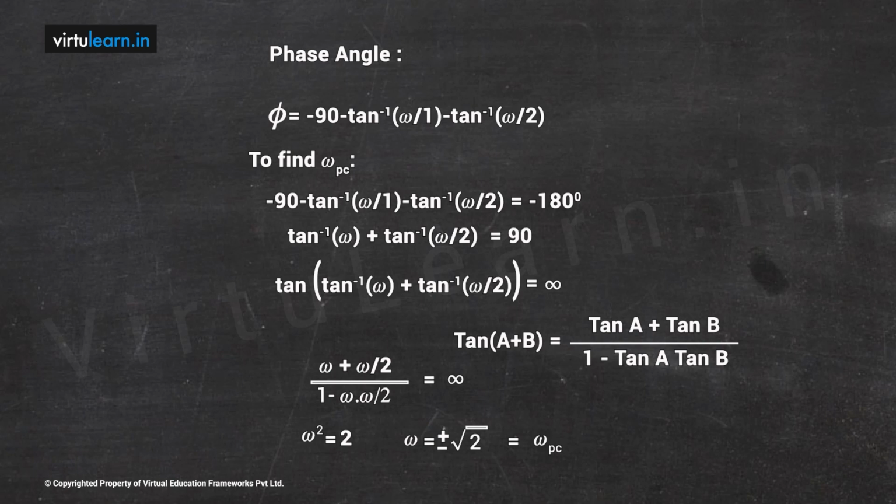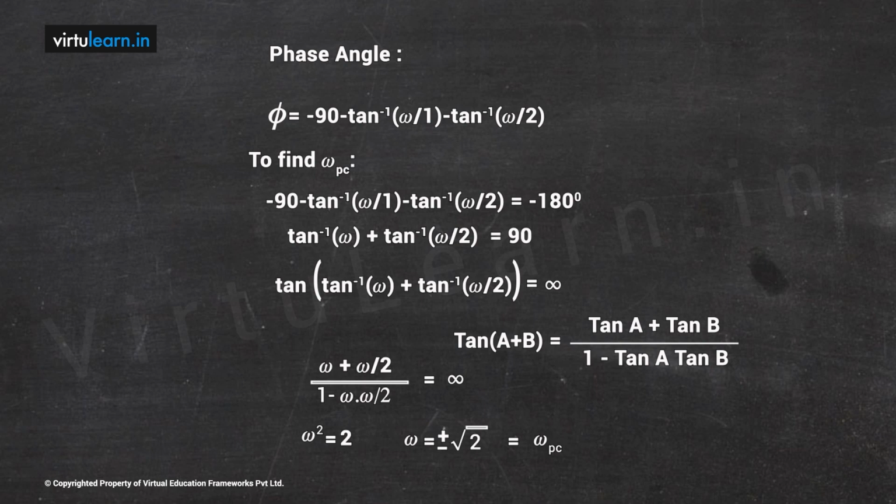Then you reverse it and it equals 0. That means 2 minus omega square is 0, so omega is root 2. This omega is the omega PC, the phase crossover frequency. What we have done here is equate the phase angle expression to minus 180 degrees and solve for it.